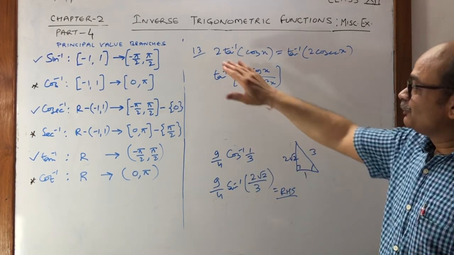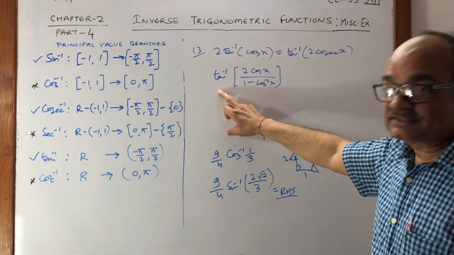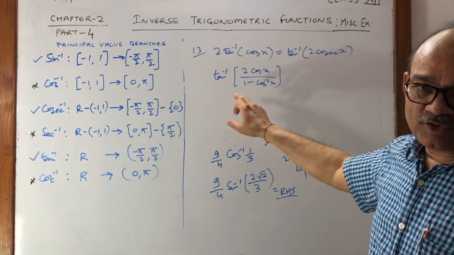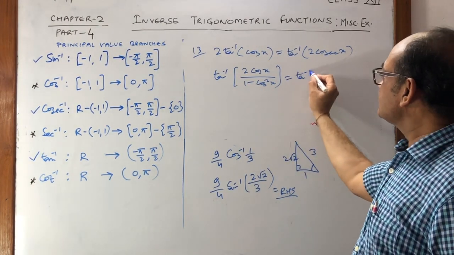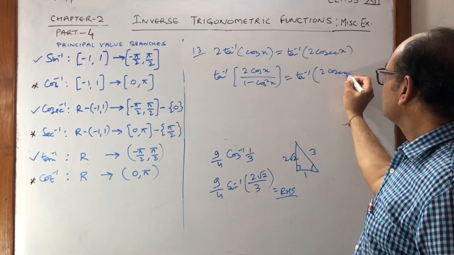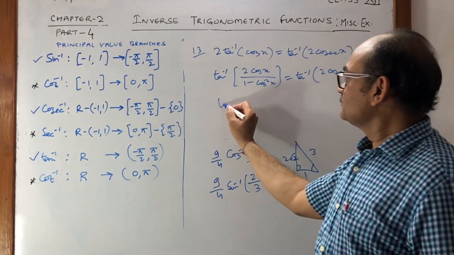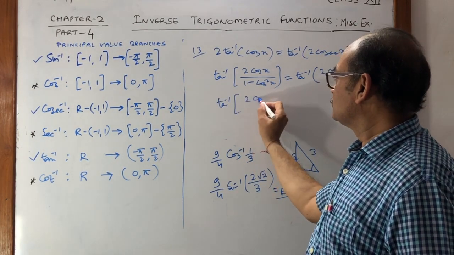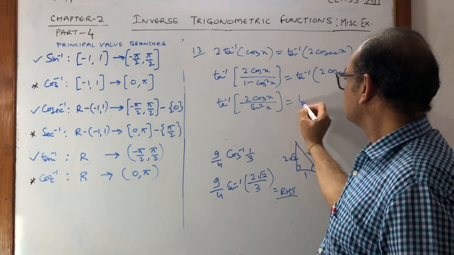Listen, 2 tan inverse something. The formula is tan inverse 2a upon 1 minus a square. Here it is tan inverse 2 cosec x. It will become tan inverse 2 cos x upon sin square x.